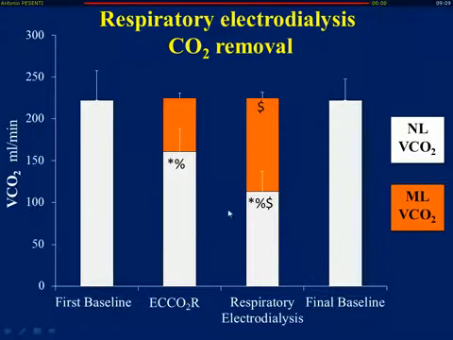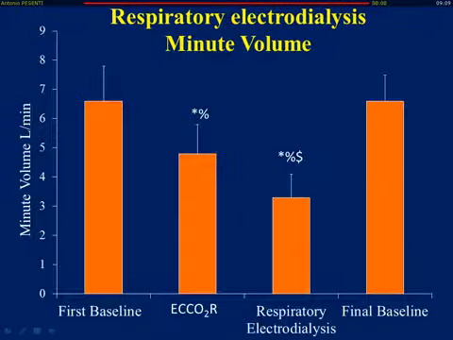And by doing that, we could double the CO2 removal from the blood flow. So here, with this system, we can remove almost 200 milliliters of CO2 from half a liter of blood. And that is very efficient, doubling the efficiency of the system.